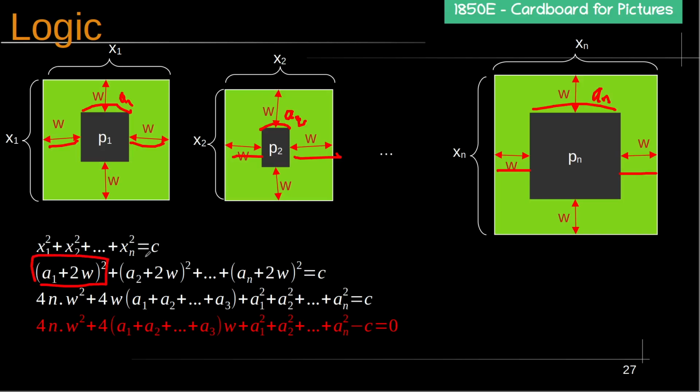We can develop it. And if we develop each one, we have this formula: 4n times W square plus 4W times A1 plus A2 plus An here, plus A1 square plus A2 square plus An square is equal to C. So we have this formula: 4n times W square plus 4 times (A1 plus A2 plus An) times W plus A1 square plus A2 square plus An square minus C is equal to 0.